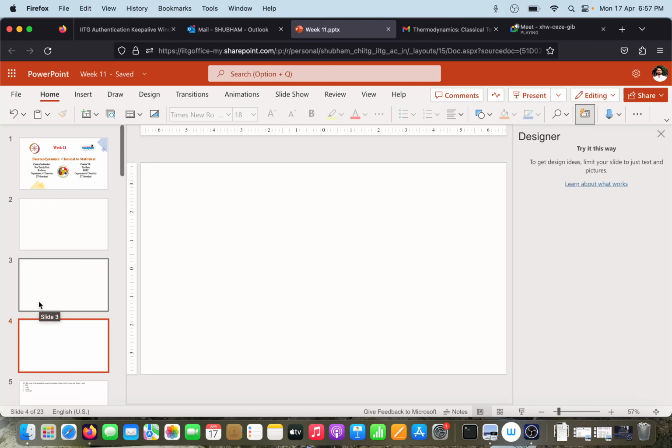So this is 4 to the power 3, so this is 4 into 10 to the power minus 1, that is equal to 0.4. So 0.4 divided by 2 into 10 to the power 11. This is 0.2 into 10 to the power minus 11, so lambda is 0.2 into 10 to the power minus 11, that is equal to 2 into 10 to the power minus 12. So this is the answer, 2 into 10 to the power minus 12.